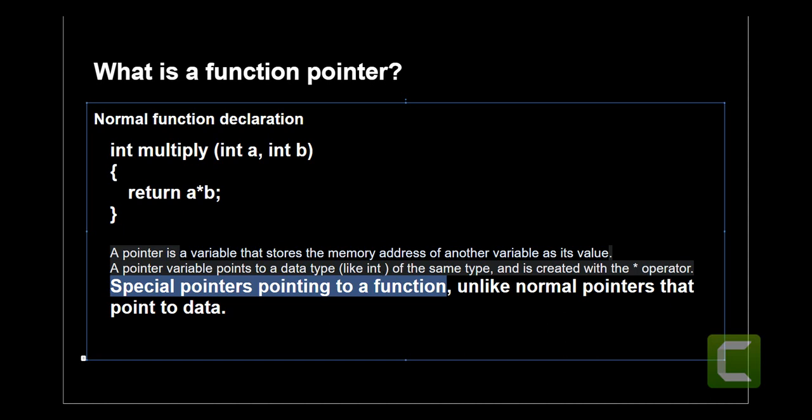We always use the asterisk operator to indicate that a variable is a pointer. I'm sure if you've done pointers, which is a previous exercise, then you must remember this. If you've not watched the previous video where we're explaining about pointers, please do so that you're able to understand today's concept.